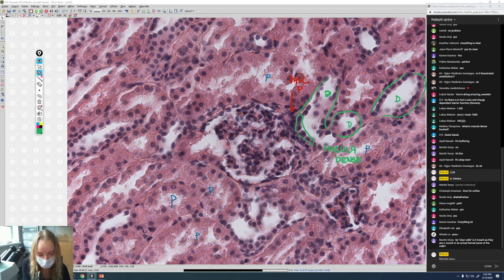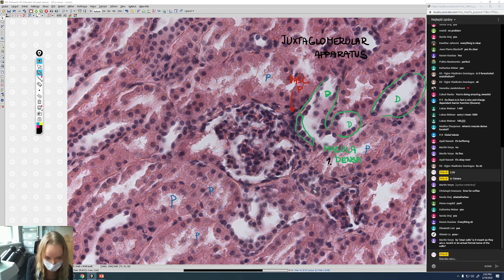And these are the first cells of the apparatus called the juxtaglomerular apparatus. So the macula densa is the first part of the juxtaglomerular apparatus.